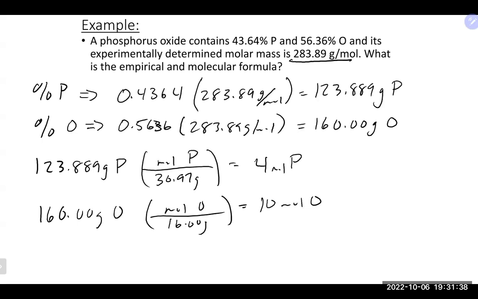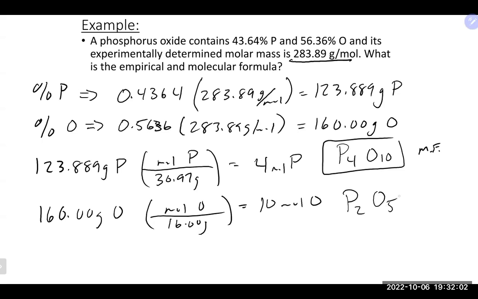What we just calculated is directly the molecular formula, which would be P4O10. At this point, we know that the empirical formula should just be the simplest whole number ratio, which means we could reduce this down by dividing by 2. That would get us to our empirical formula P2O5.